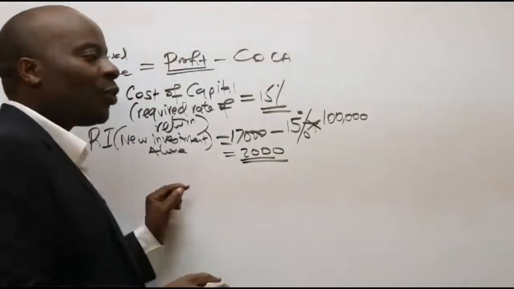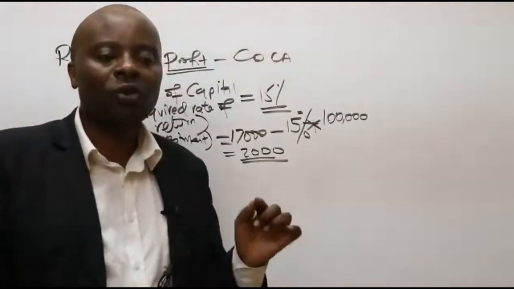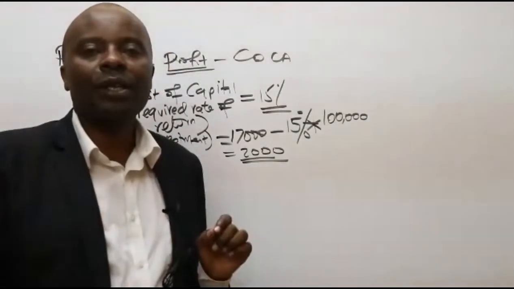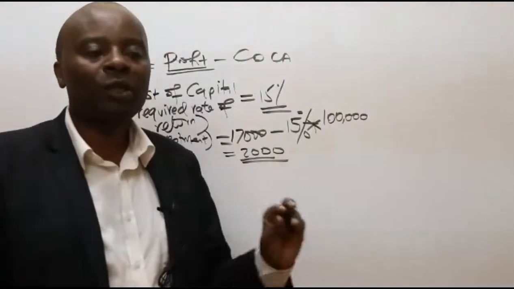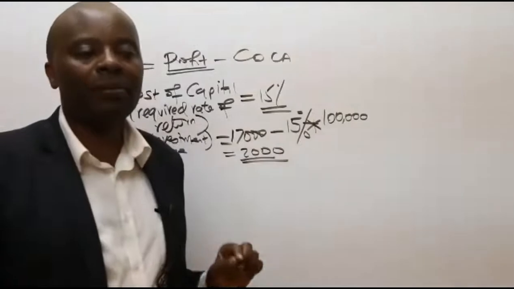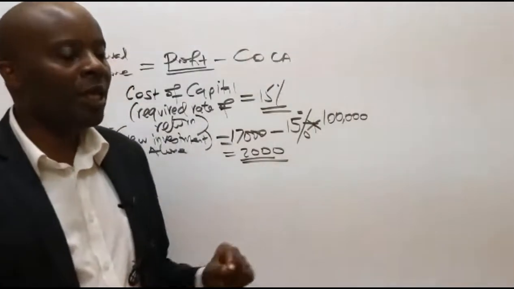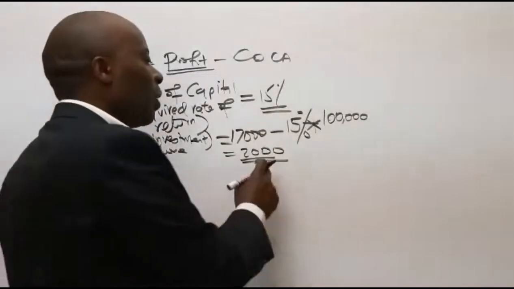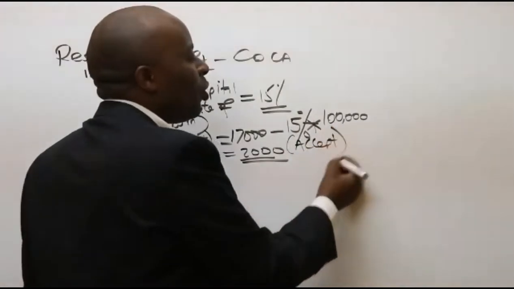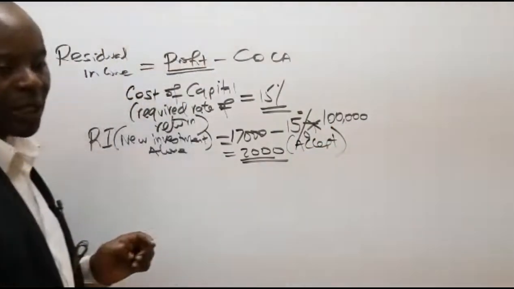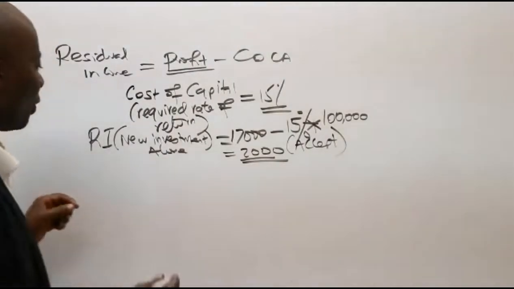Any project which has some residual income, regardless of how small it is, is good. We only reject projects whose residual income is negative. So 2,000 is positive. From the perspective of the whole company, this project must be accepted.